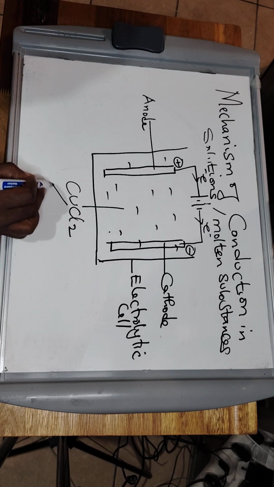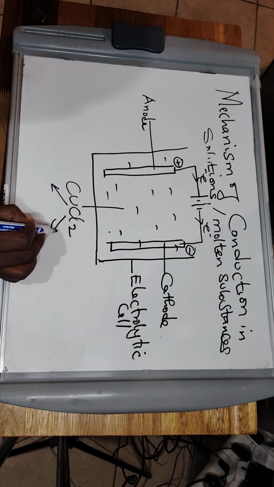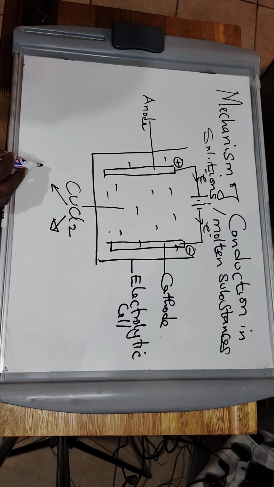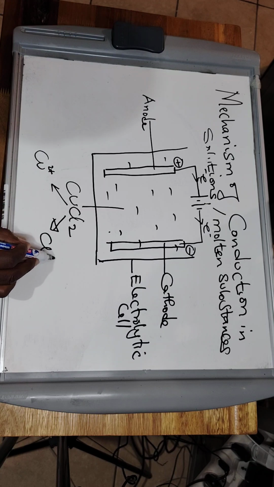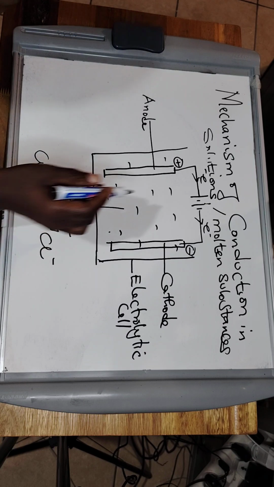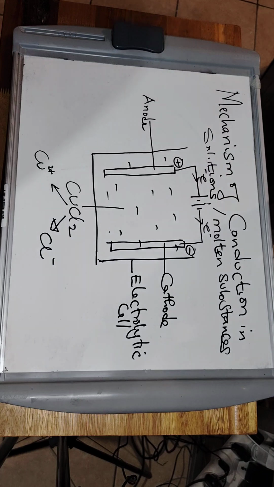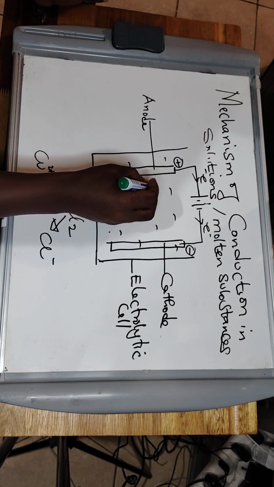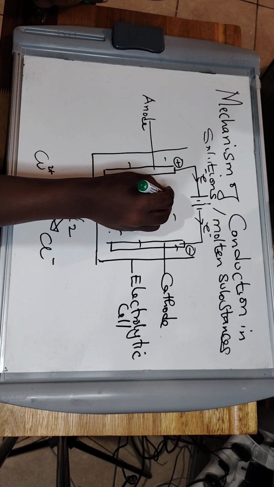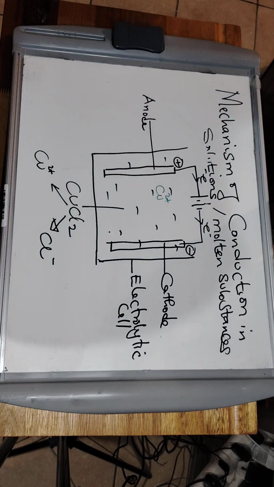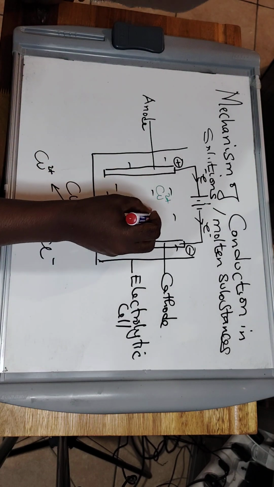When this one is in a solution, it dissociates into its constituent ions, Cu2+ and Cl- ions. So what we have inside here are copper(II) ions and chloride ions.